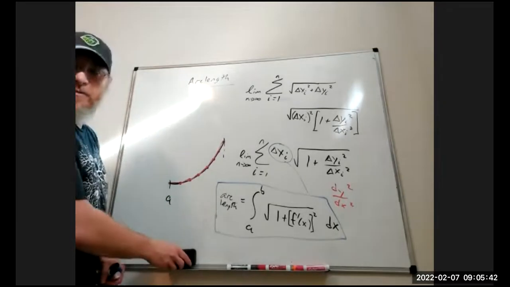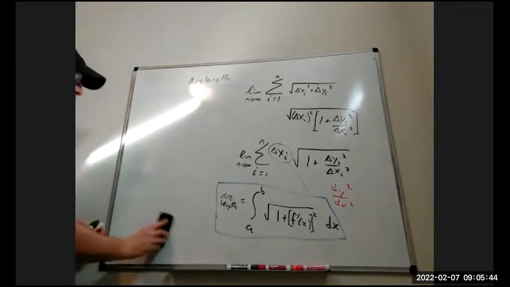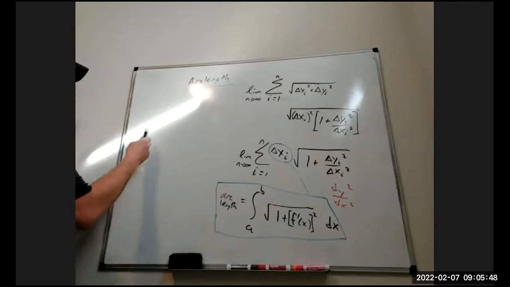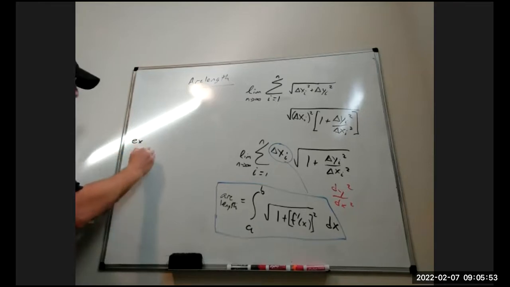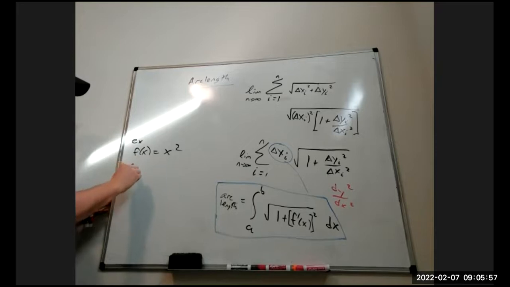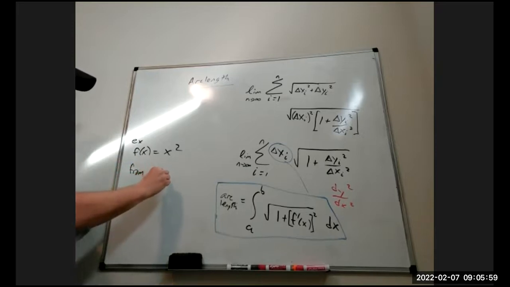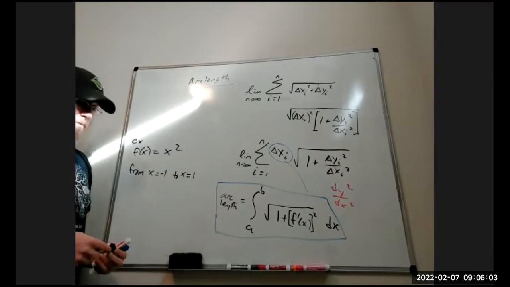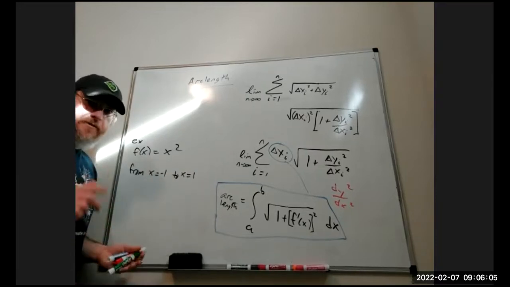All right, so let me come over here and show you one. Let's actually go back to that original question where we were looking at f of x equals x squared, and we were going to go from x equals -1 to x equals +1. That was the very first one that I introduced to you.